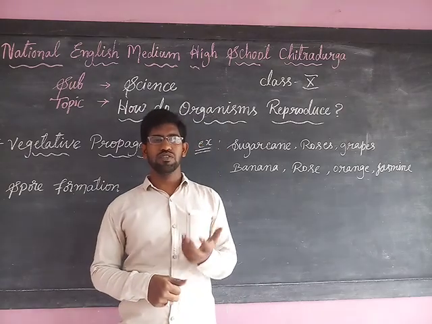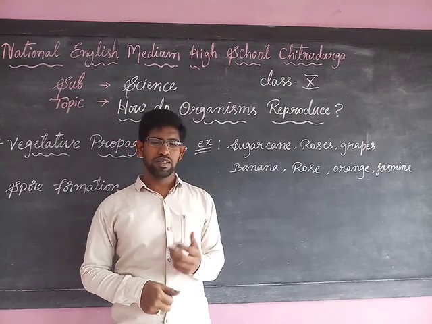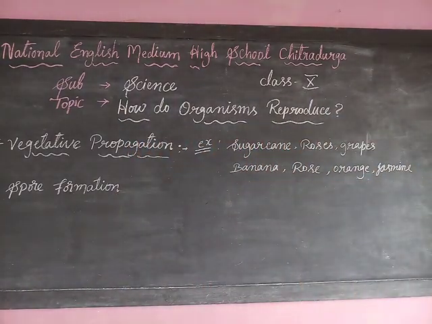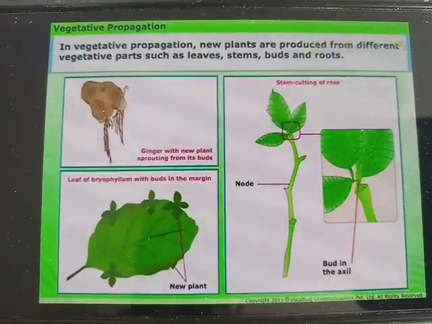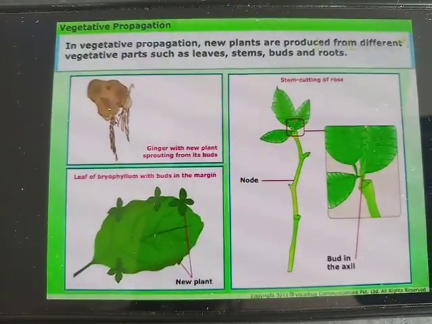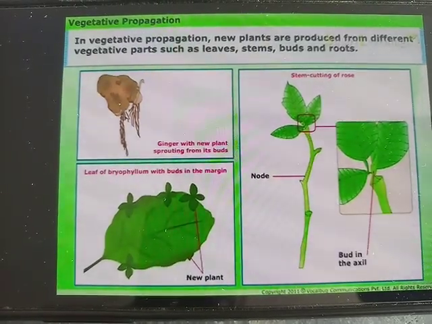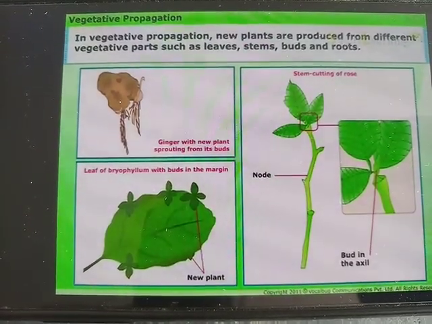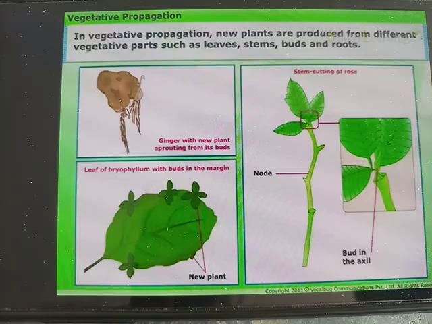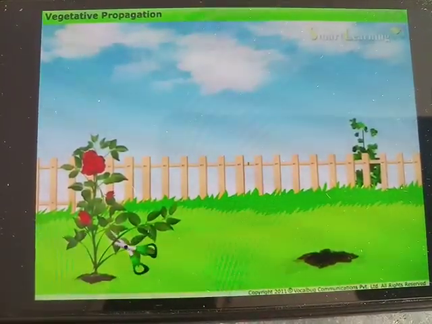So let us see how vegetative propagation takes place in plants. As I told you, in vegetative propagation, new plants are produced from different vegetative parts such as leaves, stems, buds and roots. Let's take an example.